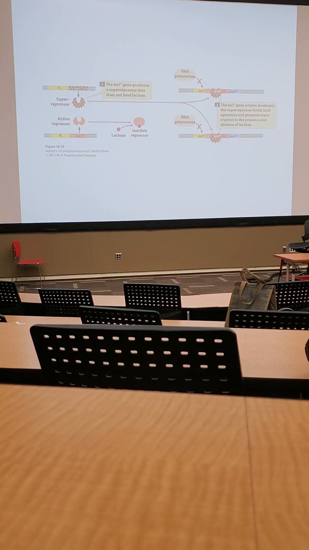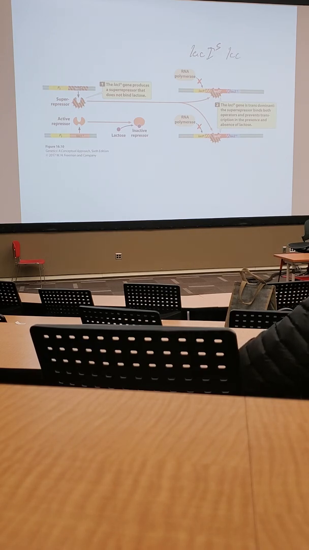So here's a different genotype. I don't know if you can tell, but this is written as lacI-S. So how would you write the genotype of this one? lacI-S, and it has a functional lacZ, so I can put a plus.